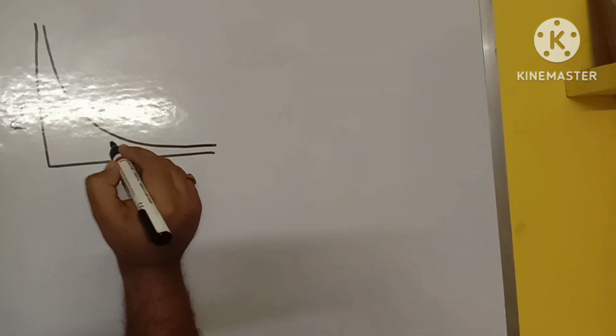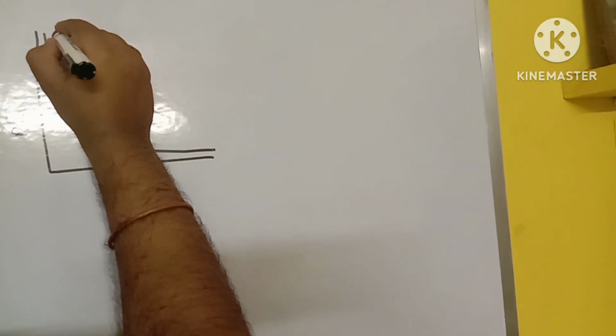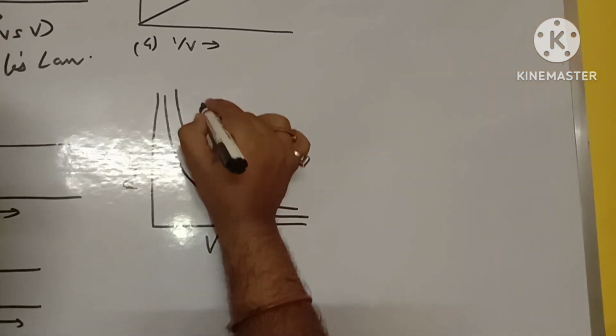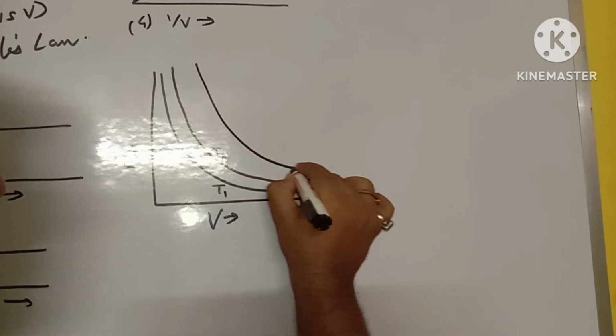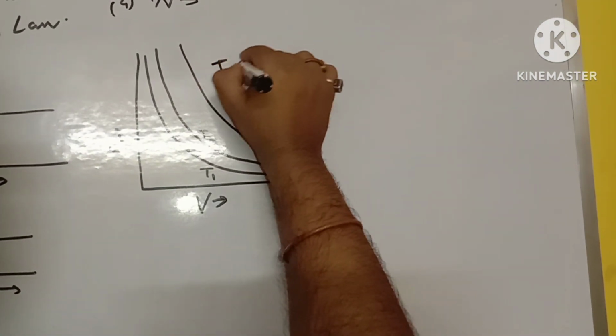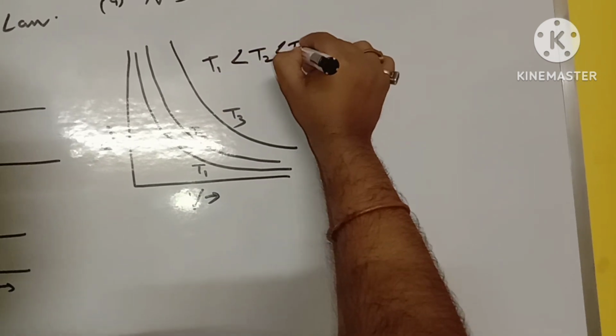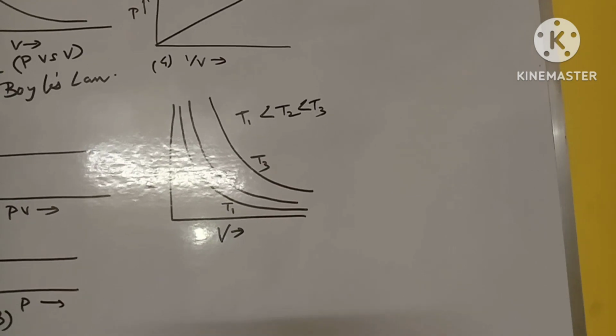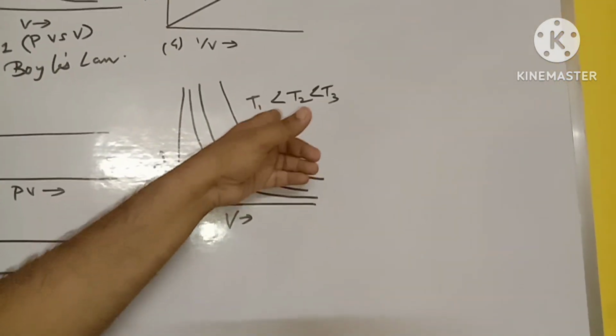This is for temperature T1, the lower temperature. This is for a bit high temperature, T2. This is for a bit more higher, that is T3. Now this is the graph of Boyle's law at corresponding high temperatures, lower to higher.